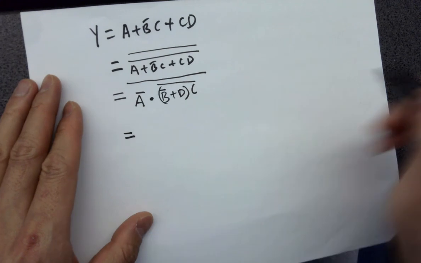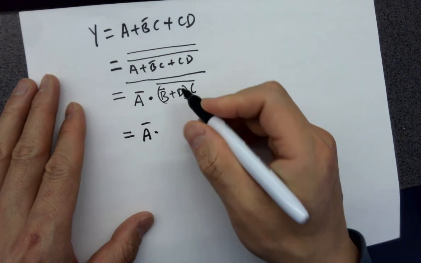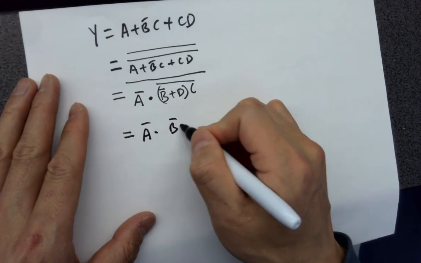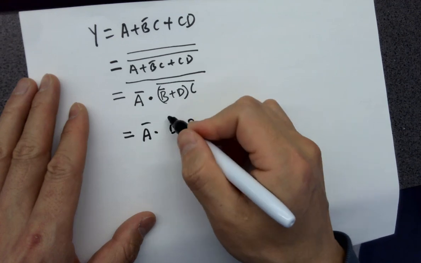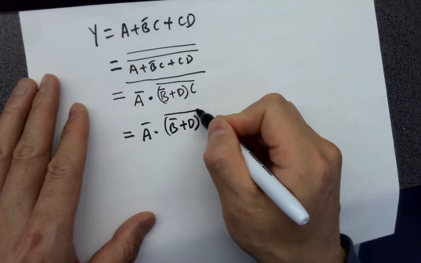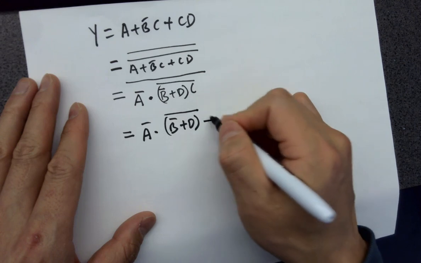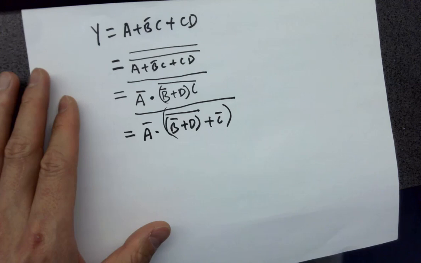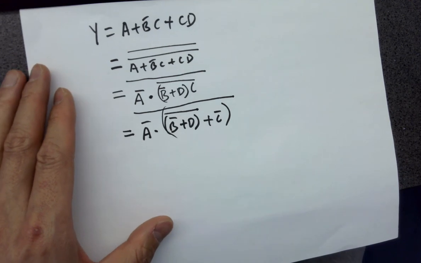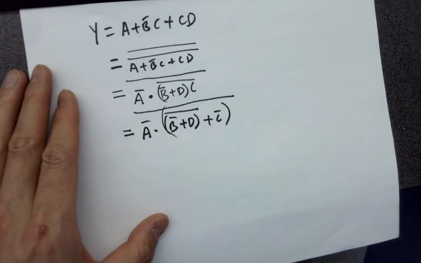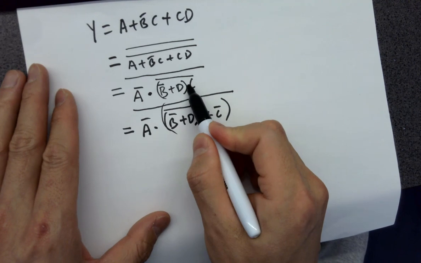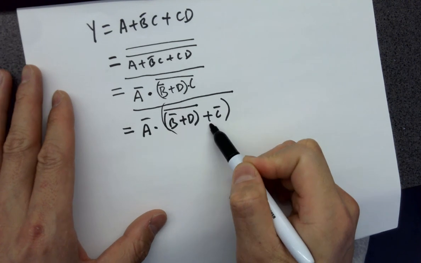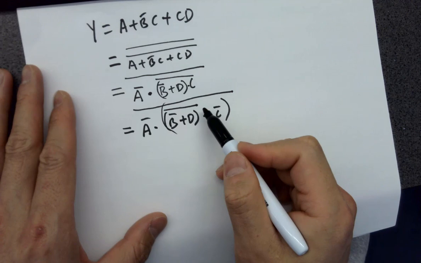What's the better next step? A naught and B naught and or D naught or C naught bar, right? I split this bar and change that sign to or, and I split the bar as well, right?